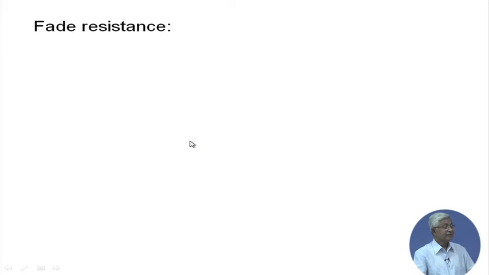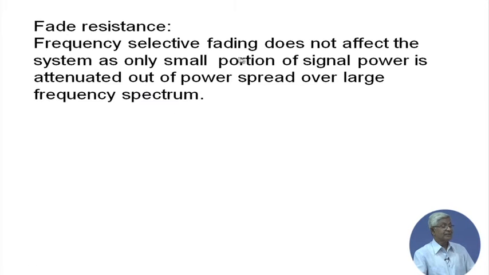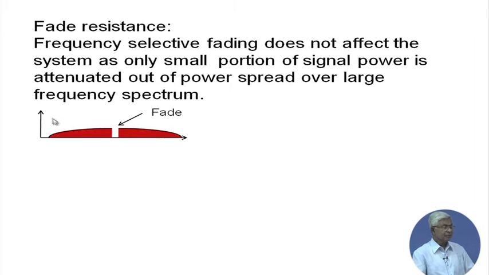Fade resistance: frequency selective fading does not affect the system, as the signal is spread over a large bandwidth. Only a small portion of the signal power is attenuated by frequency selective fade, out of the power spread over the large frequency section. Pictorially, this is power, this is frequency, and this red shaded area is the spread.